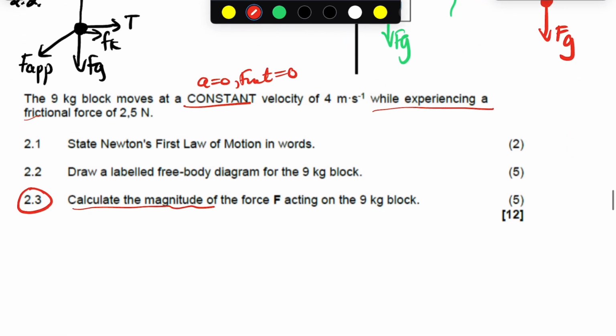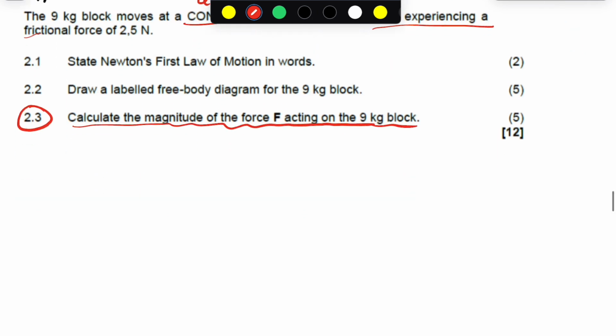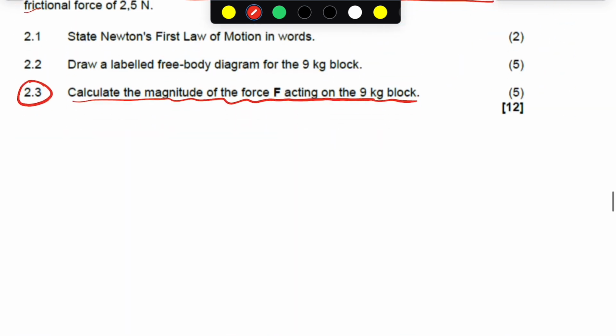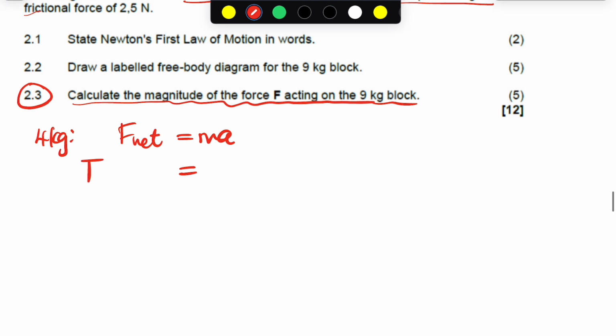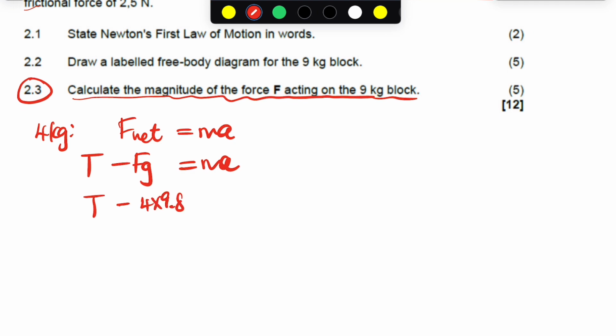2.3 says calculate the magnitude of the force acting on the 9 kg. We're going to calculate it by using simultaneous equations. I'm going to start with the 4 kg and create the equation. F net is equal to ma, and the forces acting there are a positive tension because it's going upwards, and we chose upward as positive, and the gravitational force of 4 times 9.8.